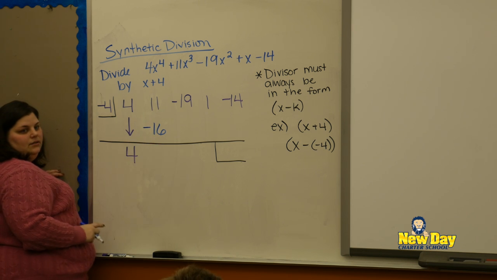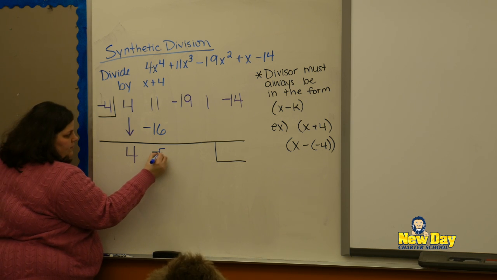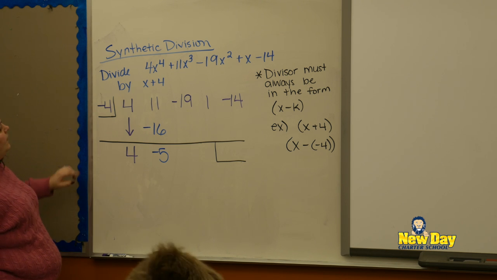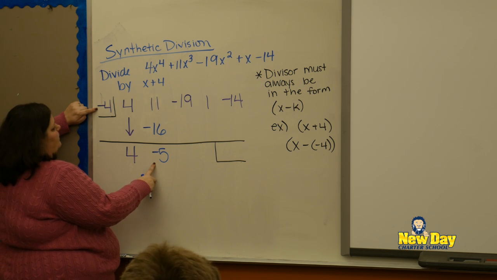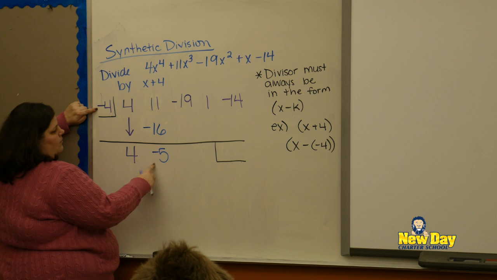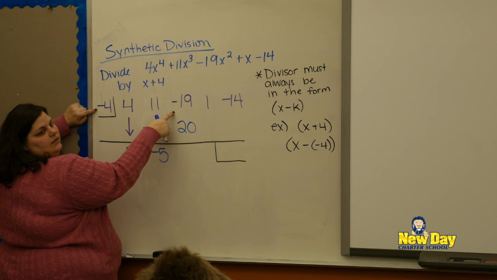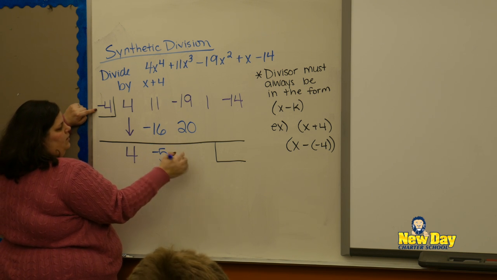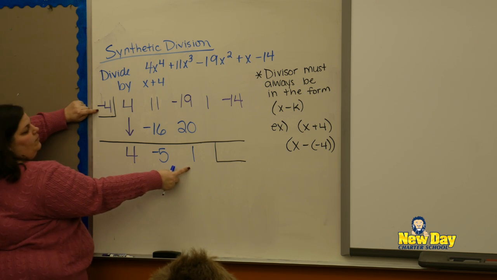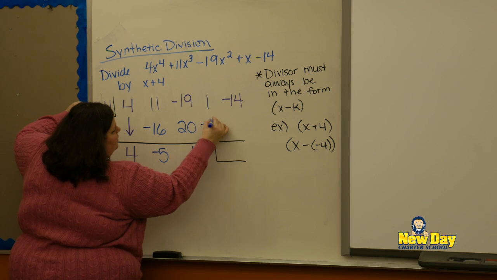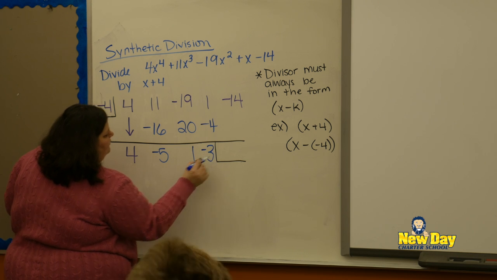11 minus 16 is negative 5. Okay? So we're going to take negative 4 times negative 5. What do we get? Positive 20. Negative 19 plus 20 is 1. 1 times negative 4 is negative 4. 1 minus 4 is negative 3.